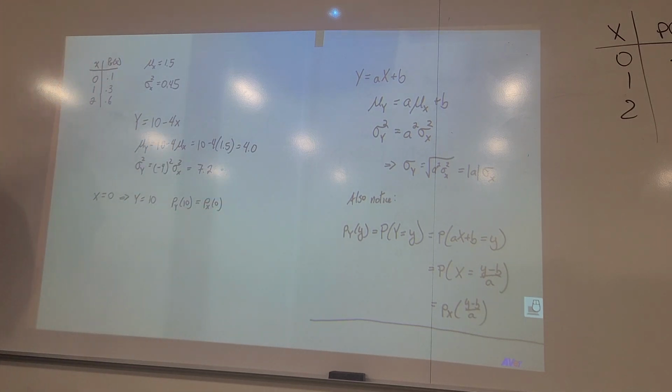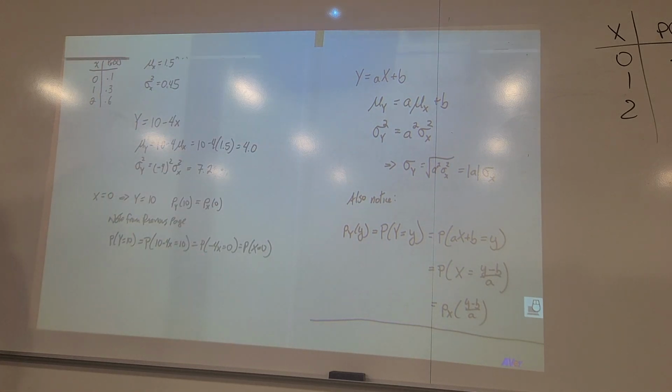Note from the previous page, the probability that y is equal to 10 is the probability that 10 minus 4x is equal to 10, which is the probability that minus 4x is equal to 0, which is the probability x is equal to 0. You see what I'm saying there?